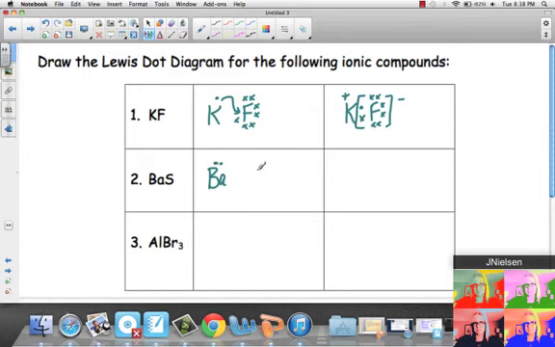Ba's got 2. Sulfur has got 6. And these are both going to come over here. When Ba gives up 2, it's going to have a +2 charge. And sulfur gained 2.